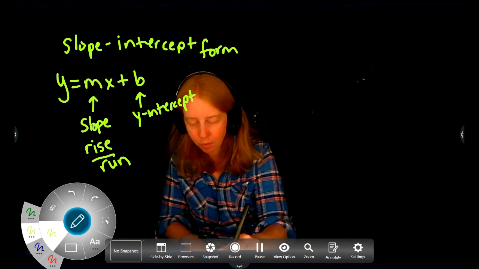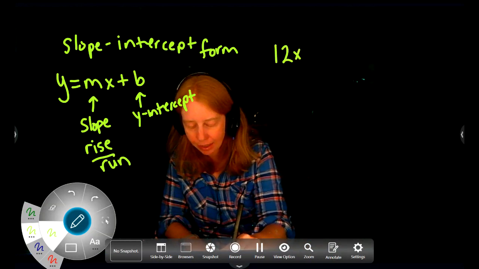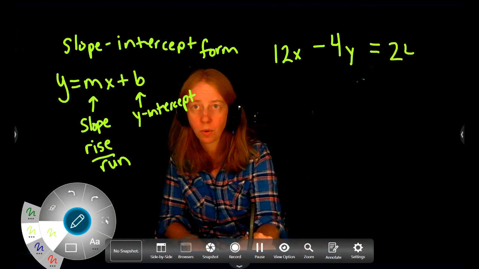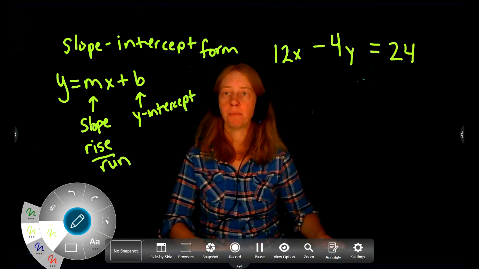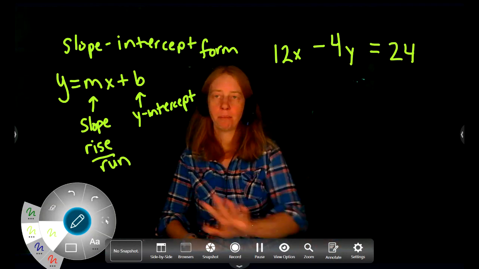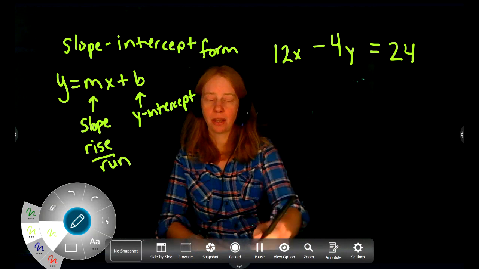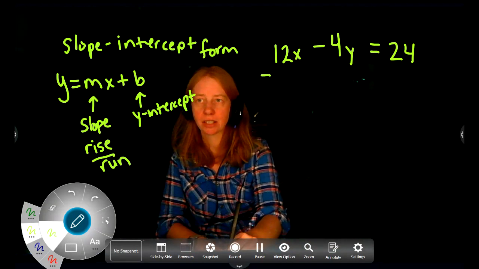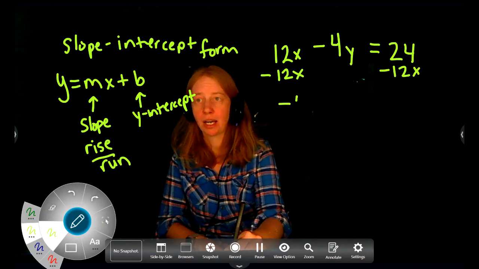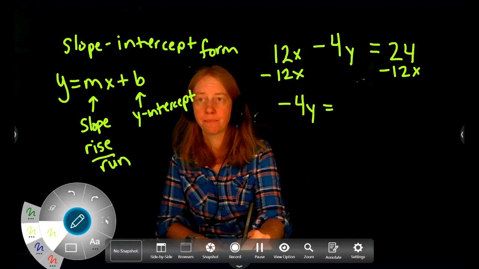So here's the first example we're going to do: 12x minus 4y equals 24. Okay, so this time I want my y to be by itself on one side, and I want my x and all my other stuff to be on the other side. So I'm going to start by subtracting 12x from both sides, because I know that I don't want that to be on the same side as the -4y.